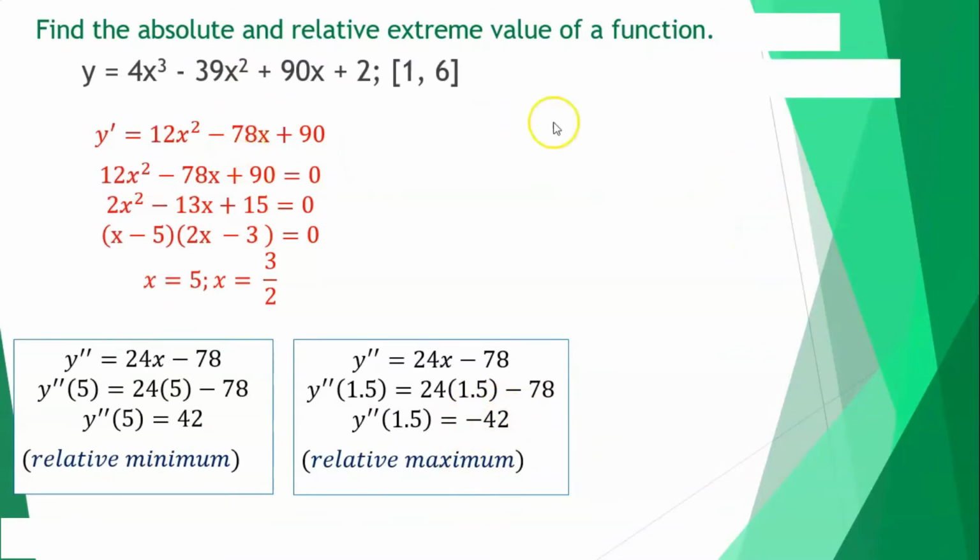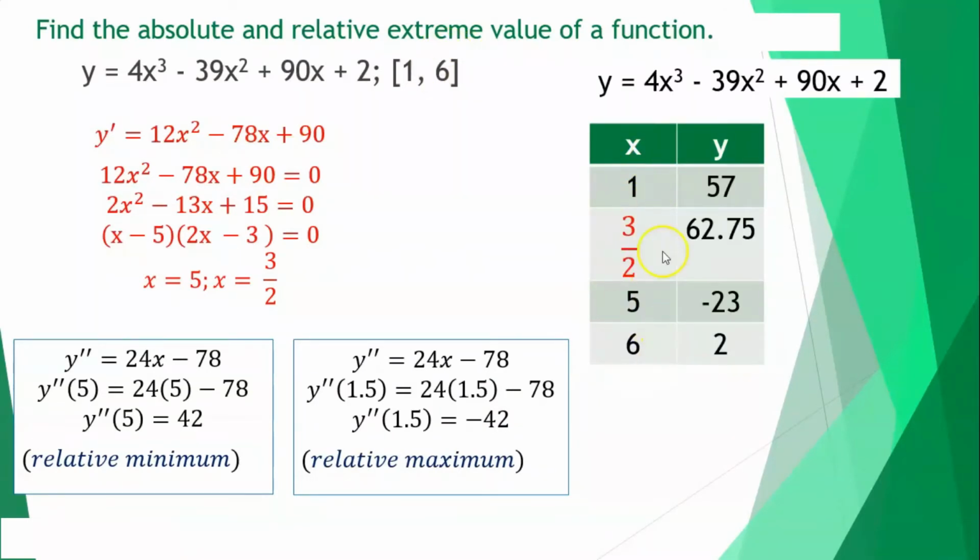Now, making use of the original equation, let's make a table. In the table, we will write first here 1, our first endpoint, and 6 as the other endpoint. Since we have here the values 5 and 3/2, we will just place them in between. So again, substituting 1 in the original equation, we will end up with 57.